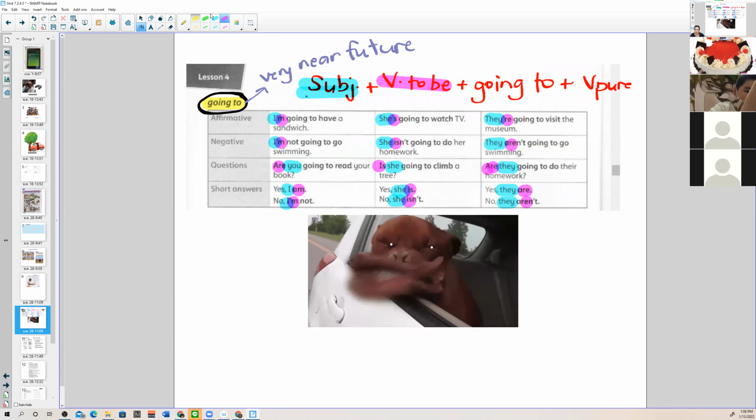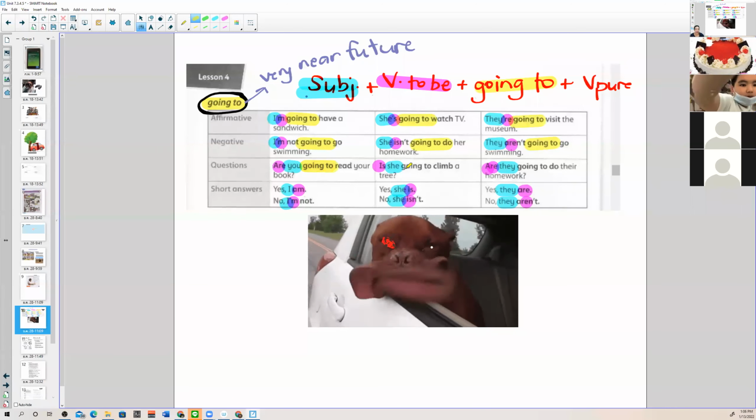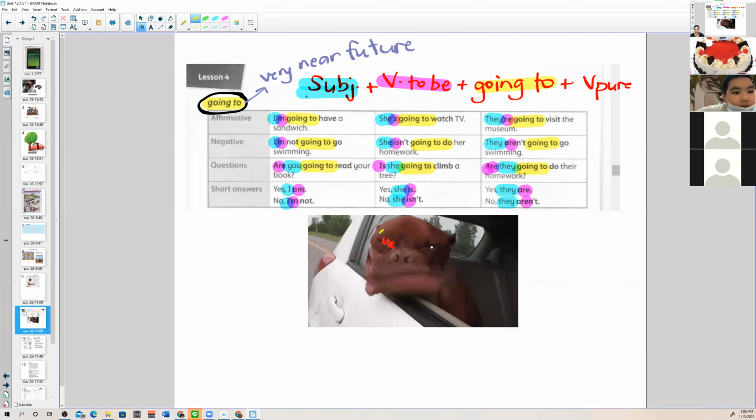Okay. And the most important thing is going to, right? Going to comes after not. In every sentence, even questions, you have to put going to. And then there comes the pure form of the verb.